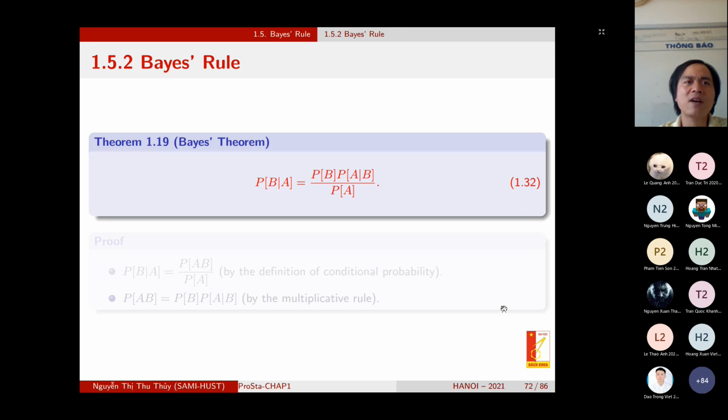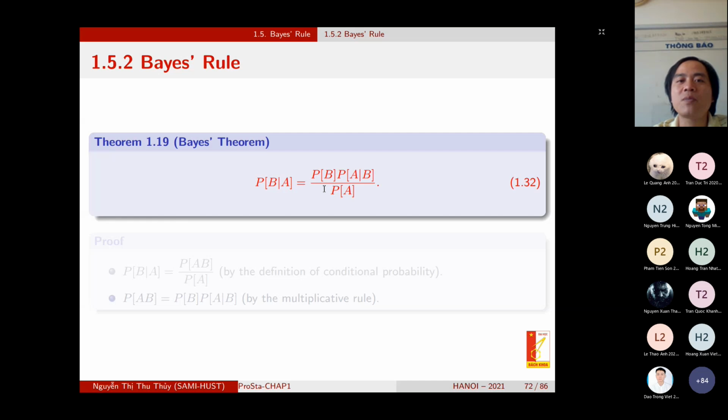And now we move to Bayes rule, a very famous and very important theorem. Sometimes we say Bayes rule, sometimes we say Bayes theorem. It is a theorem. In fact, it is very easy to derive, but the meaning is very meaningful, I think.